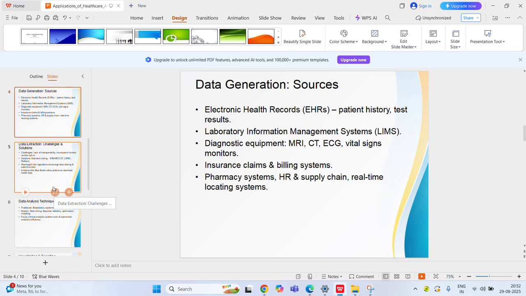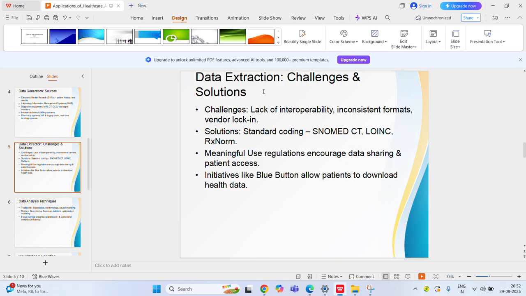Now moving on to my next slide, it says data extraction, challenges and solutions. When it comes to challenges, it says lack of interoperability, inconsistent formats, vendor lock-ins, right?